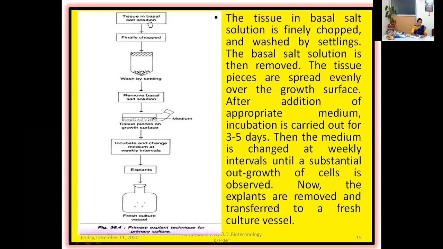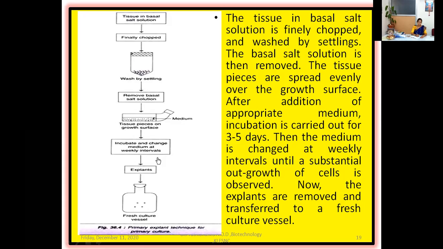Tissue in basal salt solution, finely chopped, will be taken here, then washed by settling, then the basal salt solution, that is BSS, is removed. Then the tissue pieces are kept in the incubation medium on the growth surface, then incubated and the medium changed at weekly intervals for the subculturing condition.